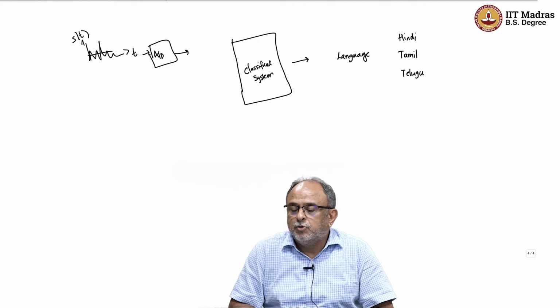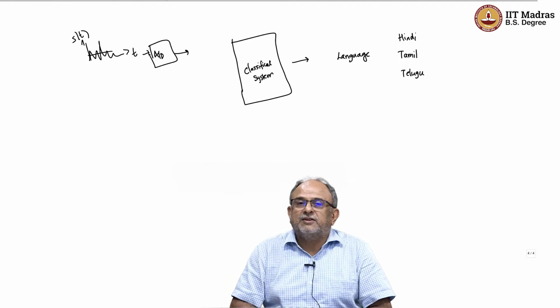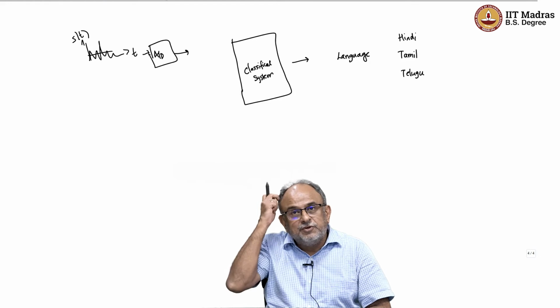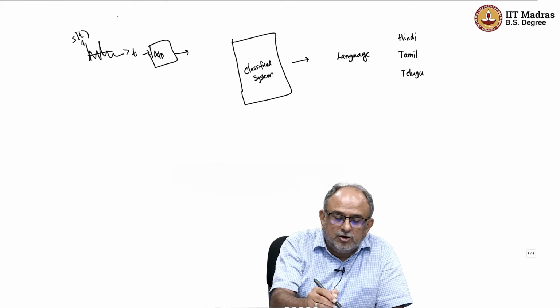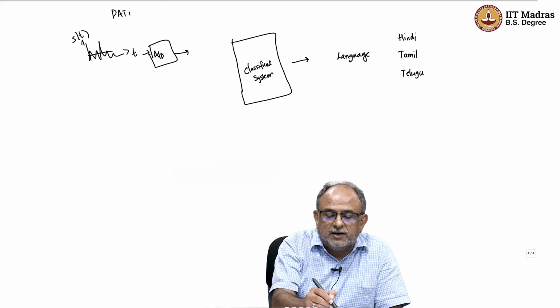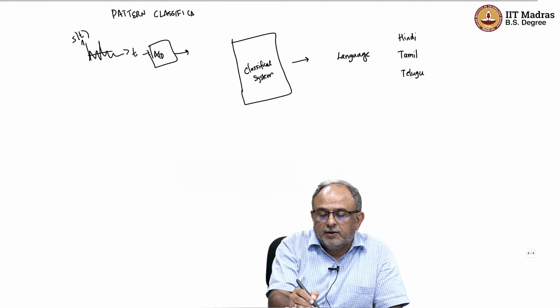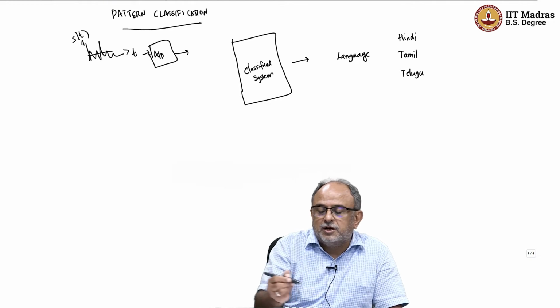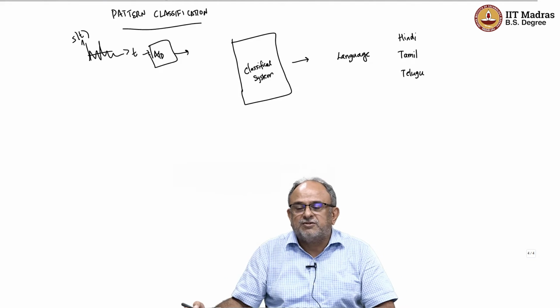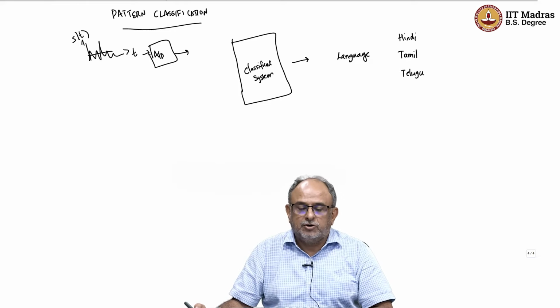Now, how do I go about building such a system, right? Just to give you an analogy, all of these come under broadly pattern classification, that is all. Here, given the pattern of a speech signal, I have to classify it into Tamil, Hindi or Telugu.